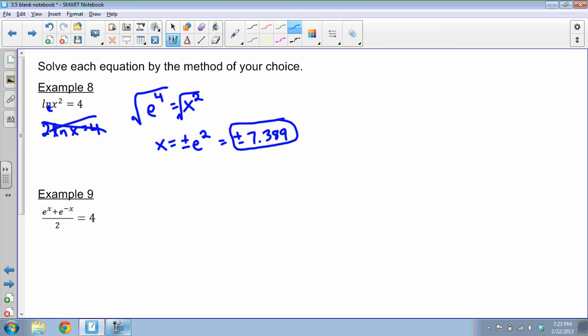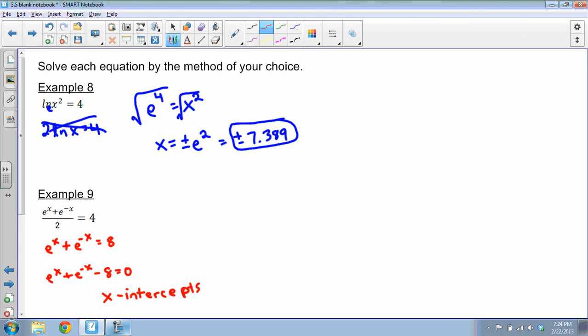Example 9. Now when we set up to graph, I think it really helps out a lot if you go ahead and simplify where you can. Like I can multiply both sides by 2 here and get e to the x plus e to the negative x equals 8. And then I'm going to move the 8 over to the left side, and then I'm looking for the x-intercepts of this graph.